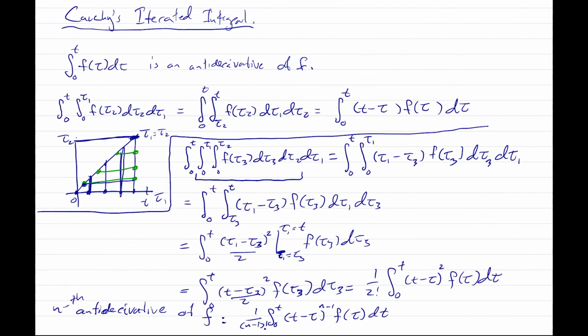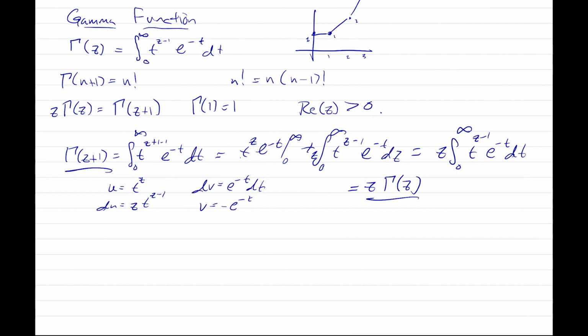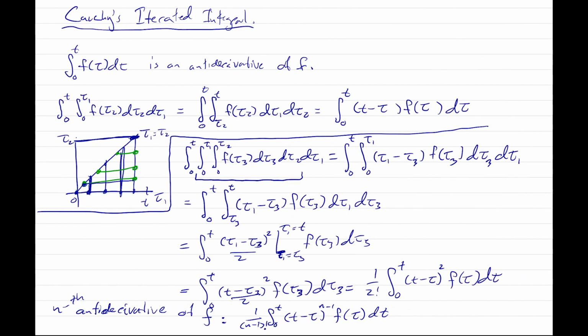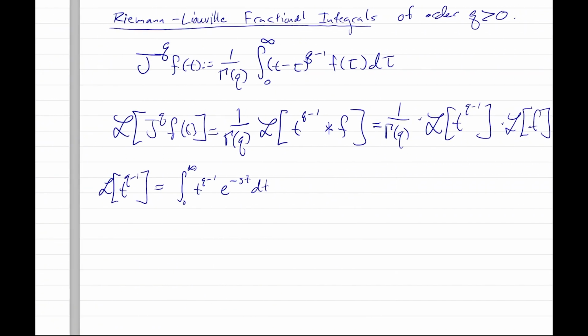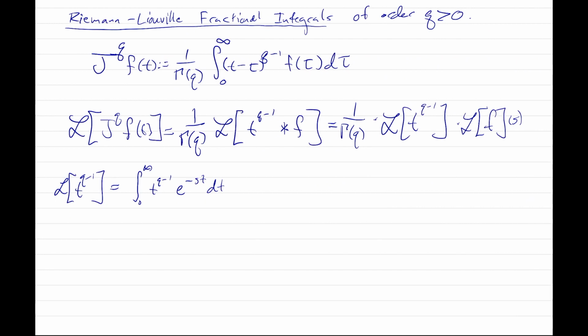So if you remember, let's go back a few slides. The gamma function looked like this. It's like a Laplace transform, except we don't have a minus st, we just have a minus t. So what I'm going to do is make a u substitution. I'm going to say u is equal to st. And that's going to give me du is equal to s dt, and that tells me that du over s is equal to dt.